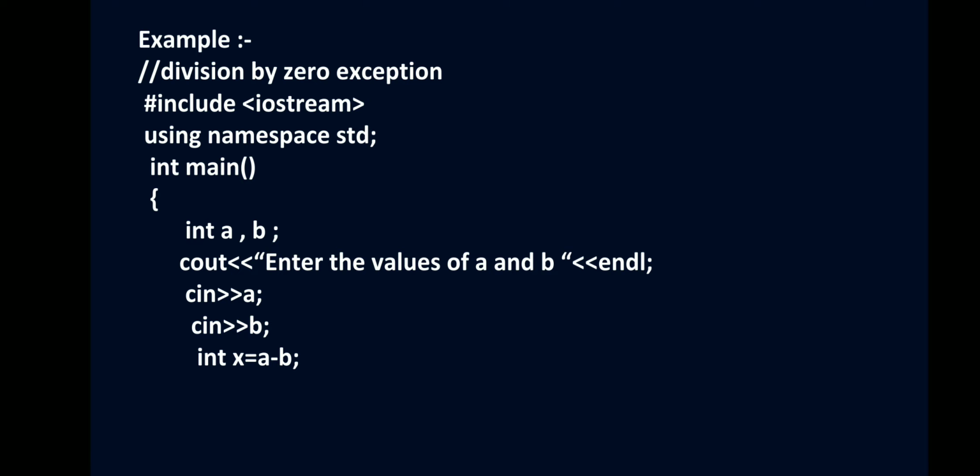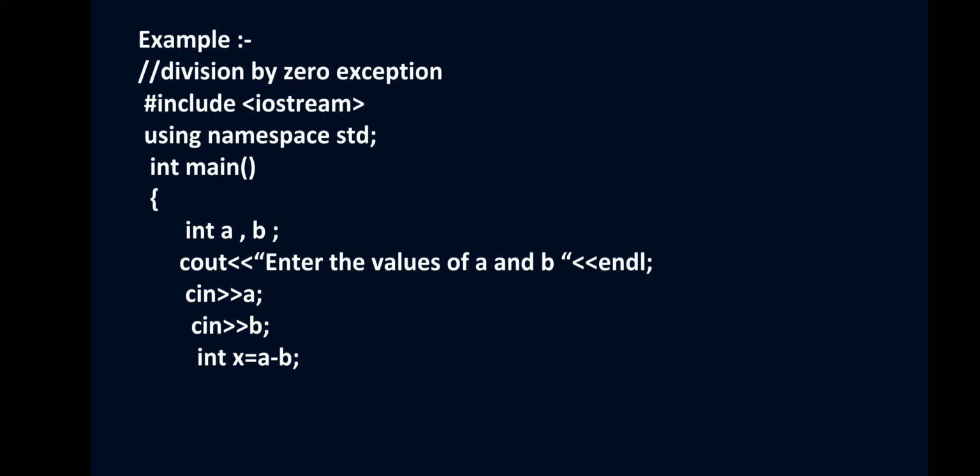In this example, I am going to discuss the division by zero exception. All of you know, when we divide two numbers, if the denominator is 0, the result is infinity. But in computers, if the denominator is 0, it causes a division by zero exception.